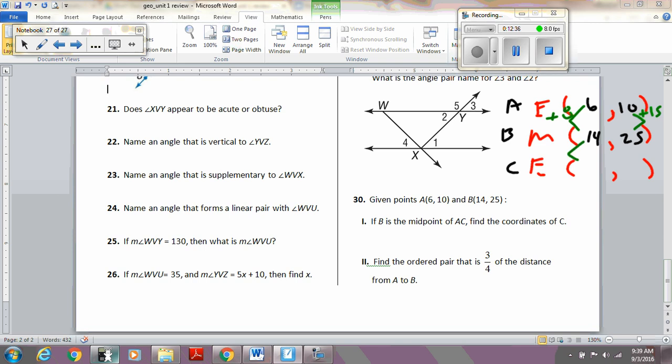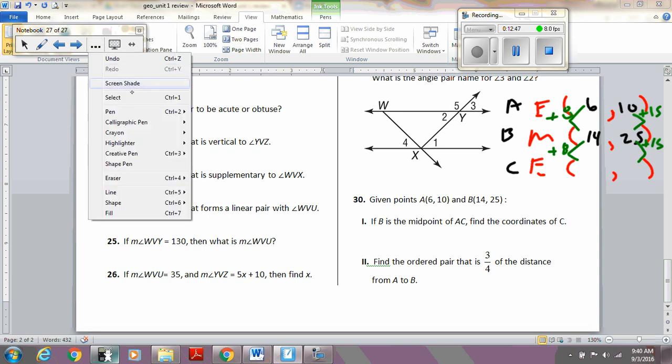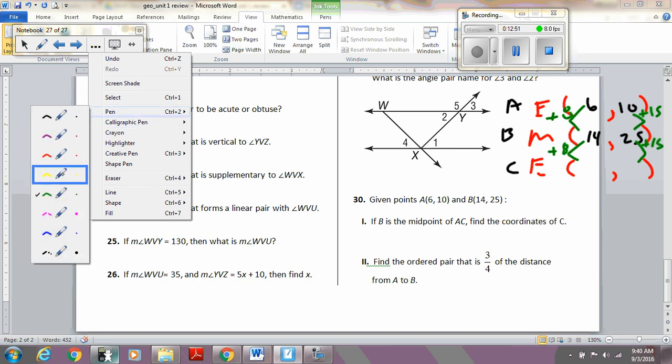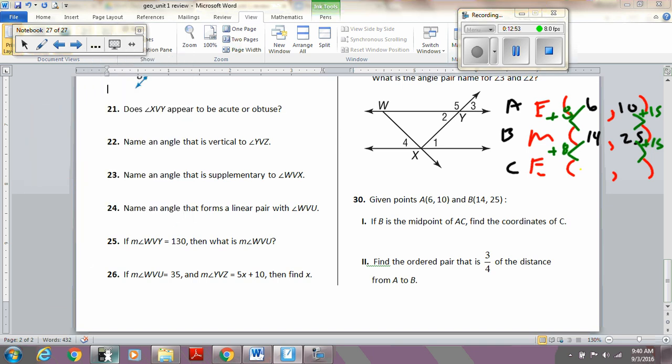So let's continue this pattern again to find the coordinates of C. 14 plus 8 would give us 22. 25 plus 15 would give us 40. So point C is located at 22,40.